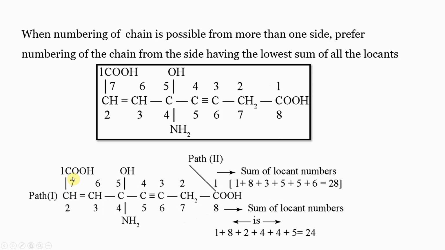You can go this way for the number of locants. Then the 1 here and the 8 here, correct. The 1 is here, the 8 comes here, 2, OH on 4, NH2 on 4, and then this comes to 5. So you judge on both sides which numbering it is. I am giving you the answer itself here. Try to put the numbers and see which is the lowest numbering total. Because whichever way I go, COOH becomes carbon 1, going this way carbon 1, going that way carbon 1. So check it out.